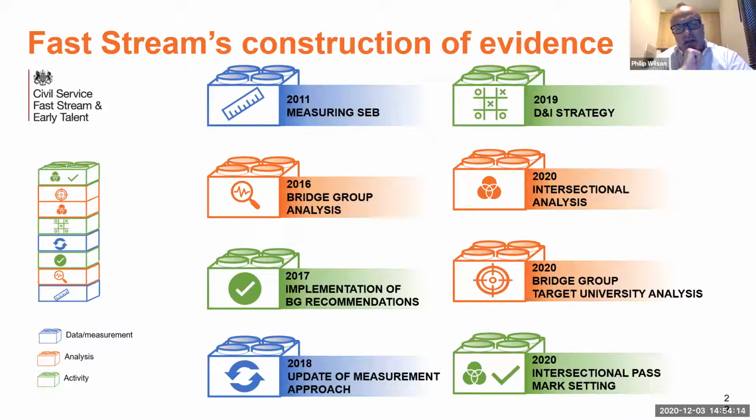We were lucky enough to have Bridge Group join us again in 2020, earlier this year, and they did some target group analysis in terms of which universities we should be targeting in terms of socioeconomic background, in terms of ethnic minority background, and in terms of STEM as well. And Nick was looking at our historical success rates with particular universities, and also more general data around which are the more diverse universities.